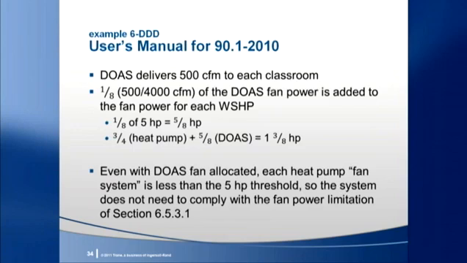Since this is under the 5 horsepower threshold for this section, this system does not need to comply with the fan power limitation. From the example, we can infer that the definition of fan system is all fans which support air movement to or from the heating or cooling source, including ventilation and exhaust.